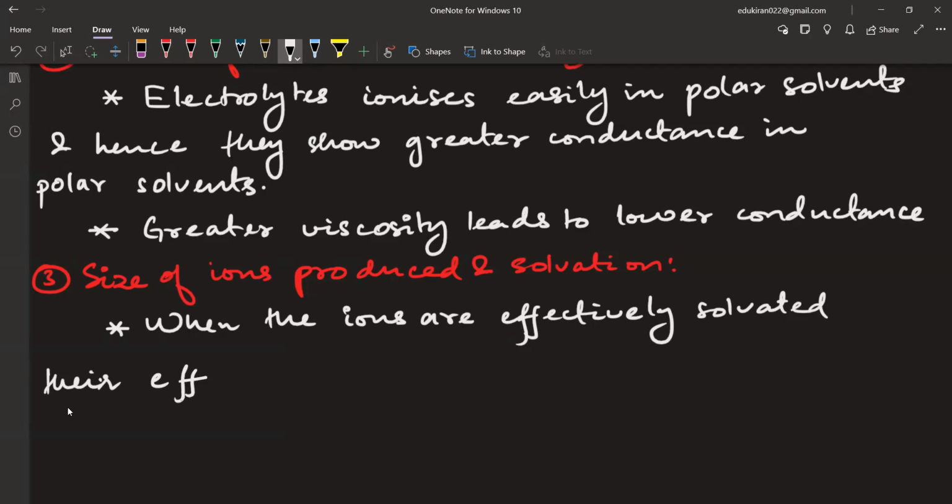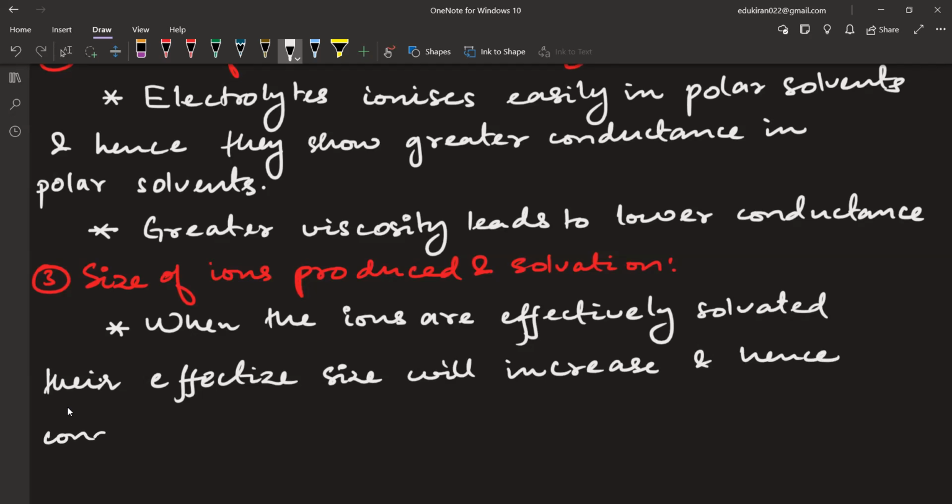Their effective size will increase and hence conductance will decrease.